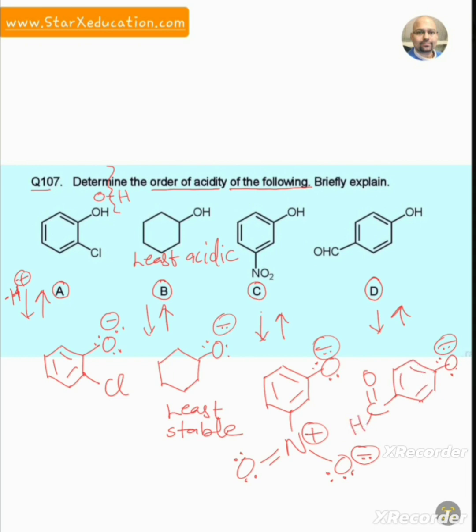Compound D has a very strong electron withdrawing group, the CHO group, and compound C also has a very strong electron withdrawing group, the nitro group, and compound A has as an electron withdrawing group chlorine.